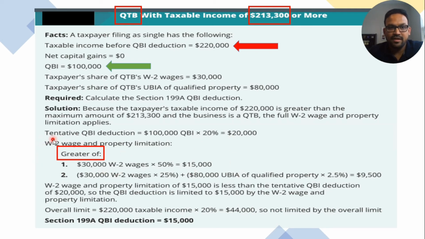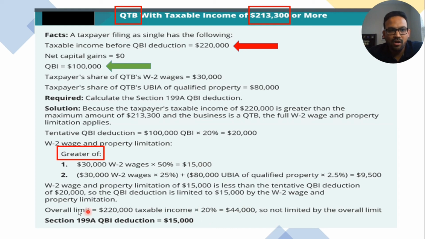First, the tentative QBI deduction is 20% of 100,000, which is 20,000. And then you will calculate the wage and property limitation, which is the greater of 50% of 30,000, or 25% of 30,000 plus 2.5% of 80,000, which is 9,500. So the greater of those two numbers is 15,000.